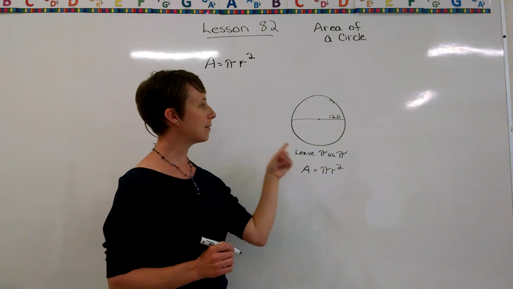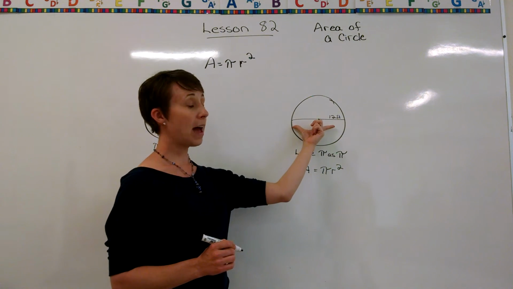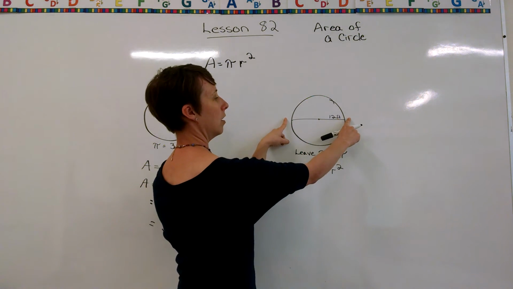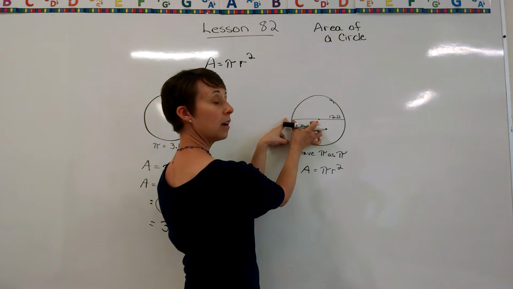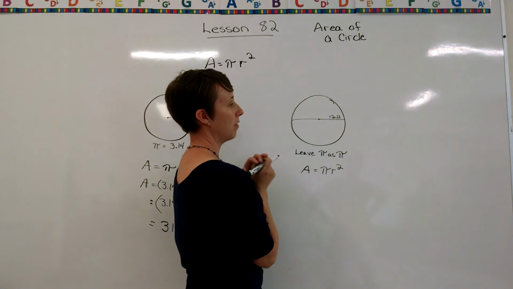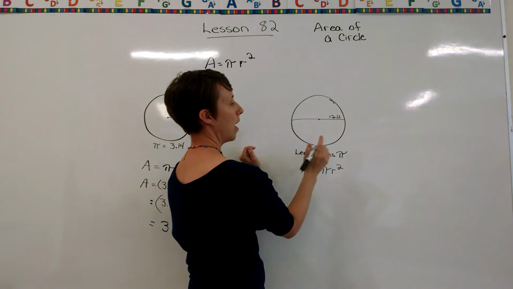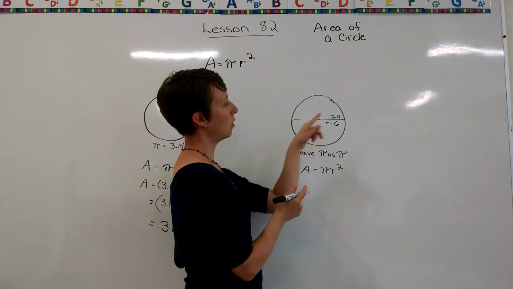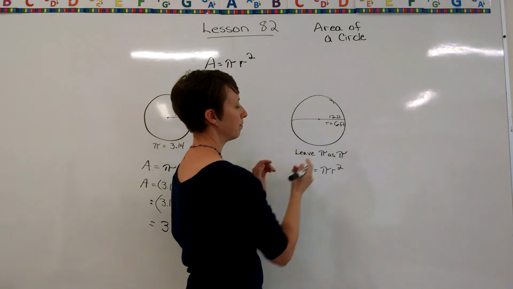I don't have a radius, I have a diameter. If a diameter is 2 radii, then 1 radius would be half of this. So if the whole thing is 12, my radius would be 6. My unit is feet, so it would be 6 feet.